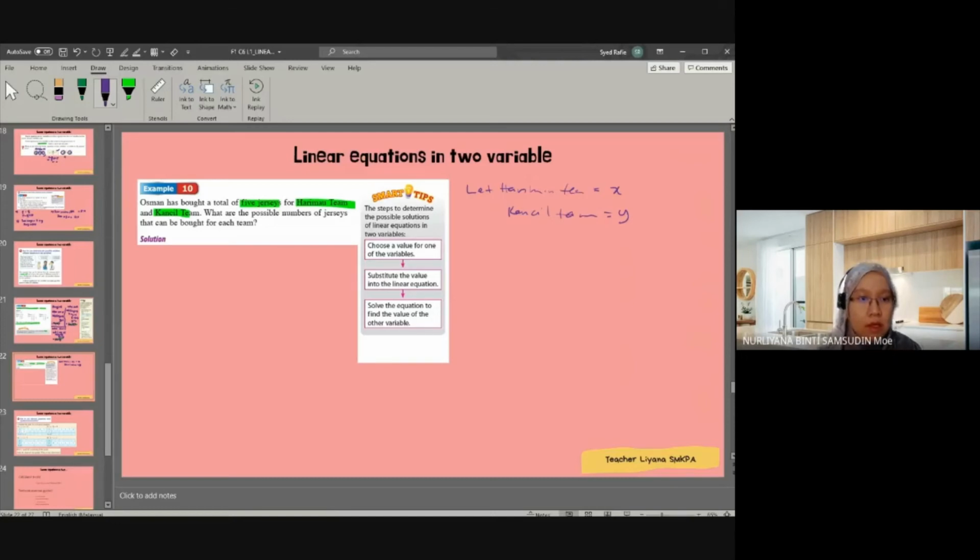So the total is x plus y, meaning x plus y equals 5. You can put all the possible numbers in a table like this. Here we put the value of x, and then here is the value of y.